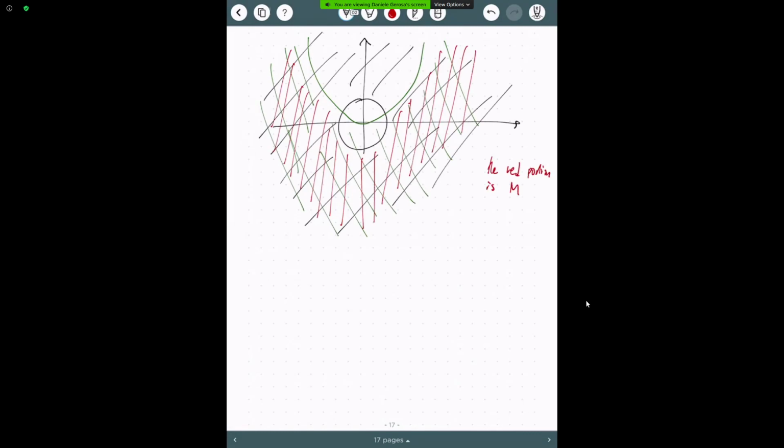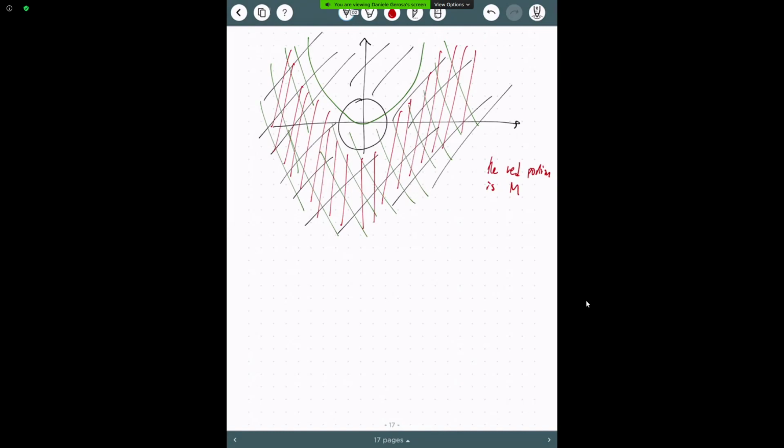So what I wanted to draw is the black is one thing, the green is another thing, and the red is, but maybe I just messed it up. But now we have to compute, first of all, the boundary.